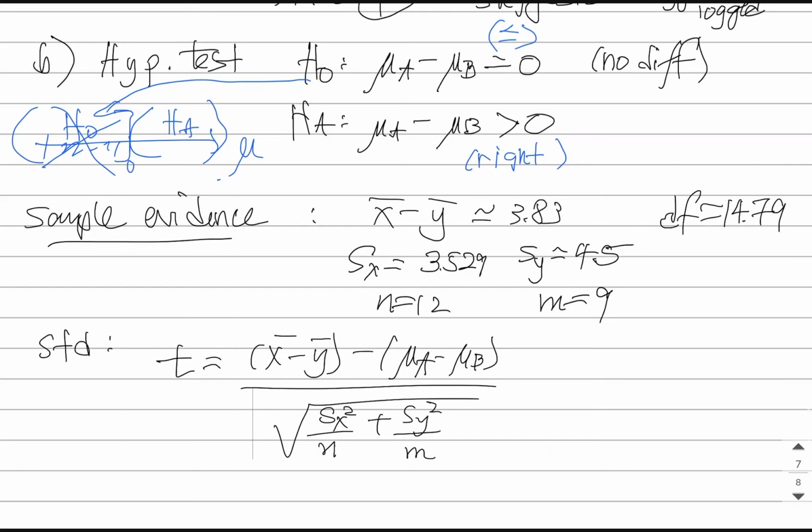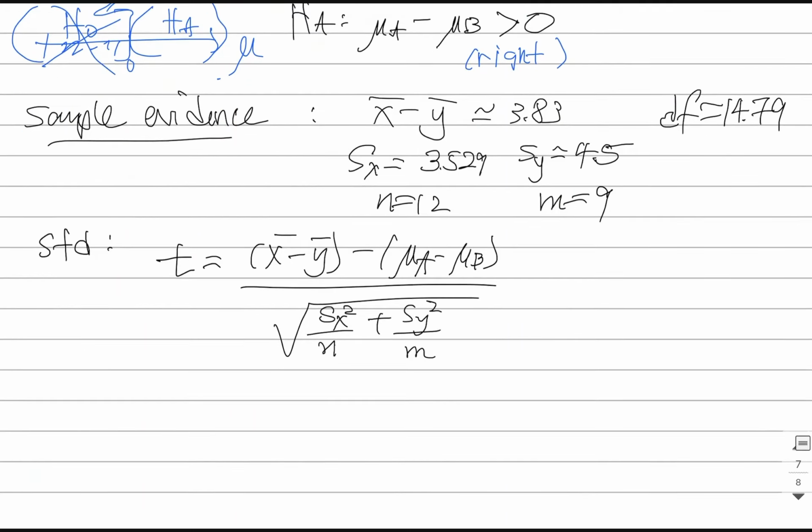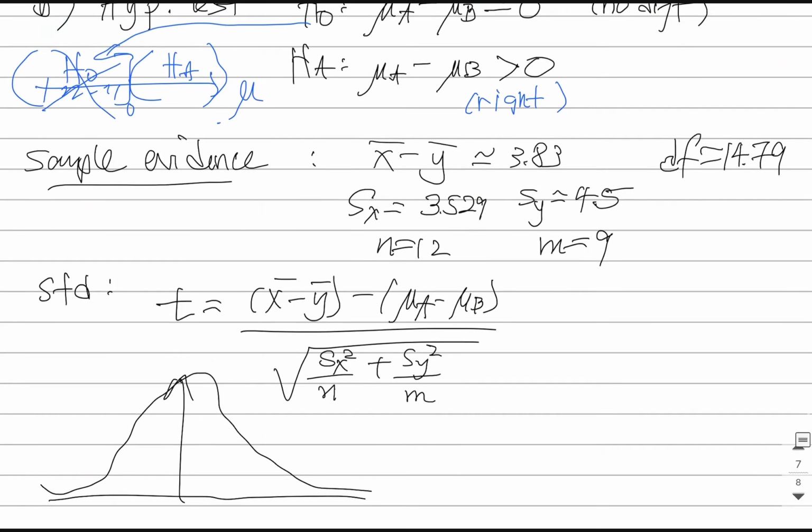The idea of this is the same as always. We are going to assume that the null hypothesis talks to this problem in the same way it always does: the null hypothesis sets the center of the sampling distribution.